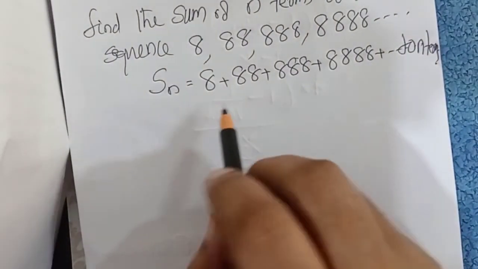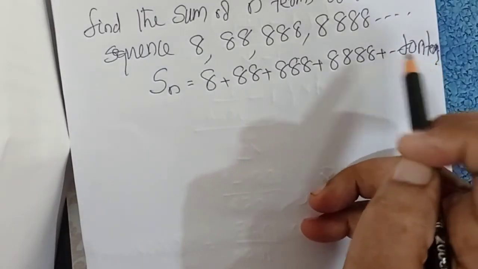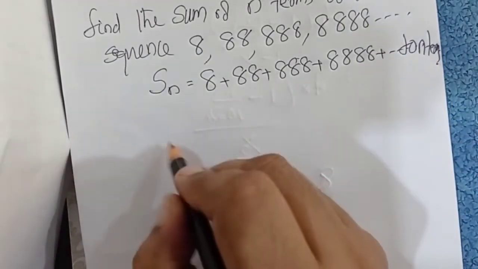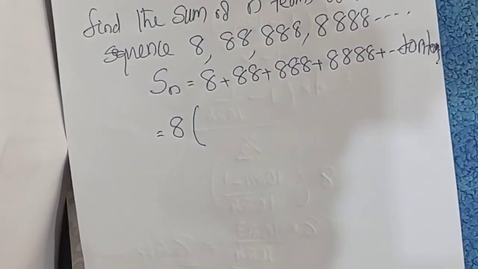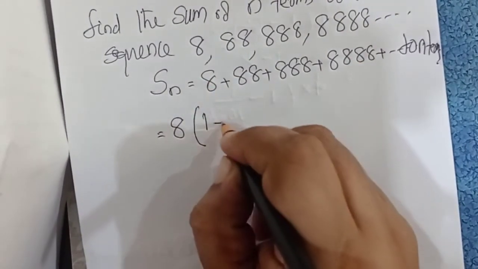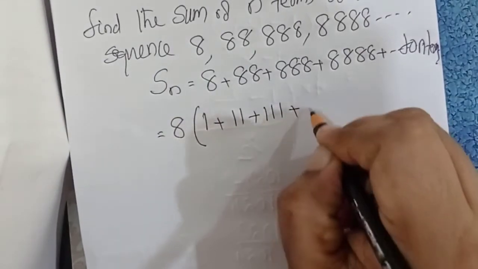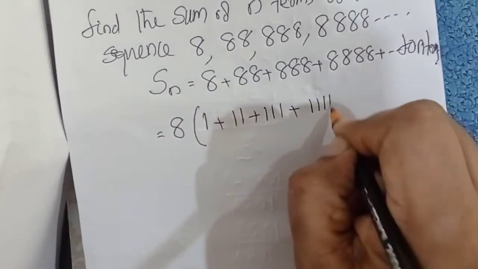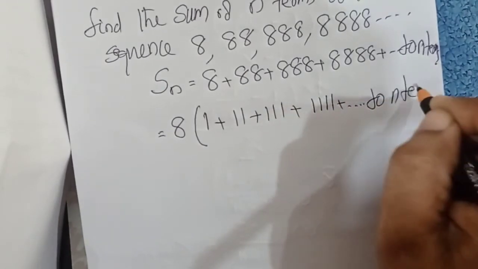Look here. Here all the terms contain 8, isn't it? Therefore, the next step is take 8 outside from all the terms. When you take outside, you will get 1 plus 11 plus 111 plus 1111 plus etc. to n terms.